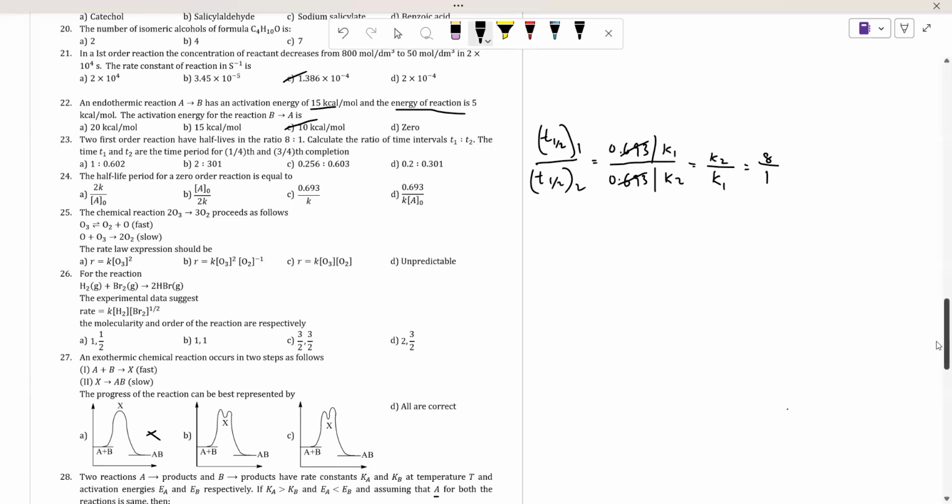And finally, they are asking for the ratio of T1 and T2, when 1/4 and 3/4 of the reaction is complete. So basing on that, let us write for T1.